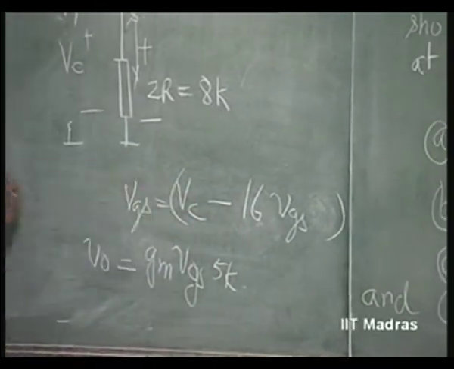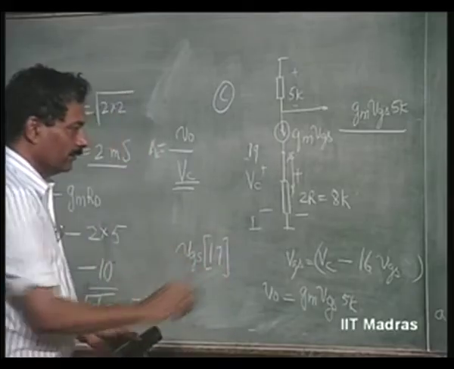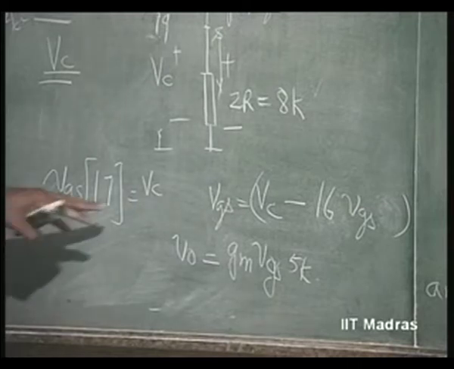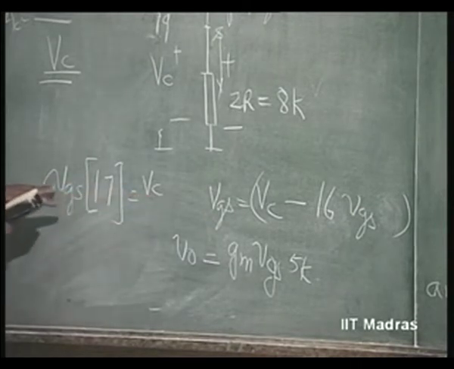So, Vgs into 17 is equal to Vc. So, we have got Vc in terms of Vgs.